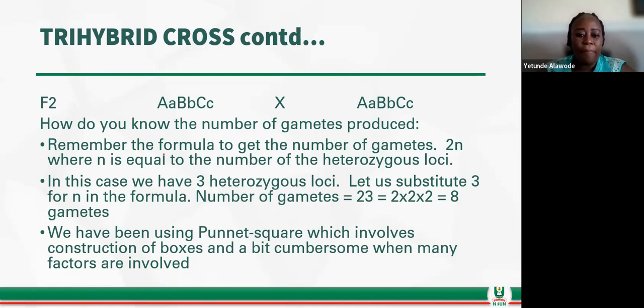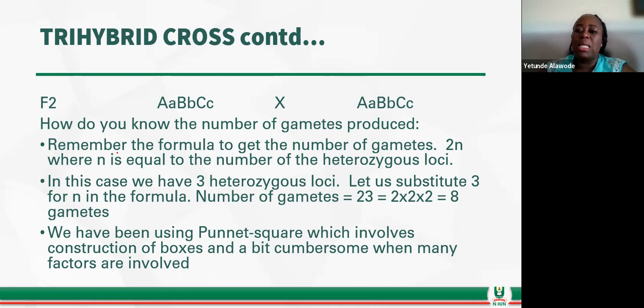So there's a formula for getting the number of your gametes, to make it easier for you. If I tell you what is the number of gametes produced in a cross, you have a formula for it, and the formula is 2^n, where n is equal to the number of the heterozygous loci.